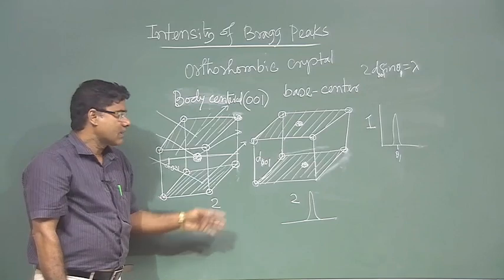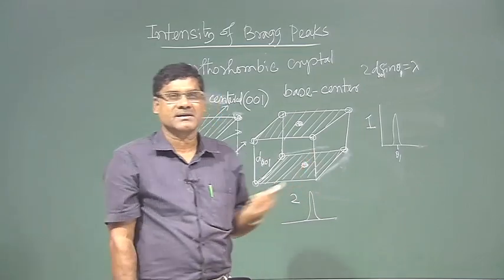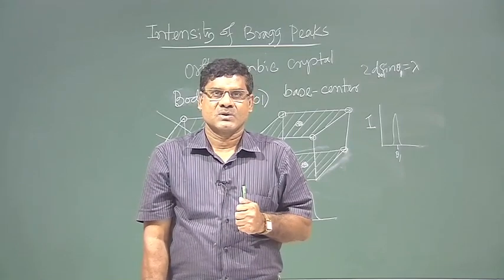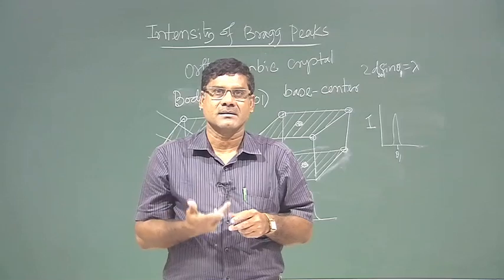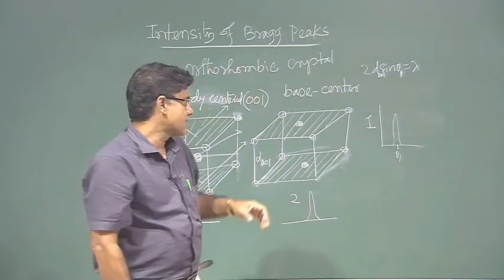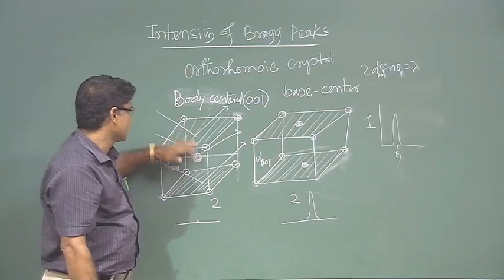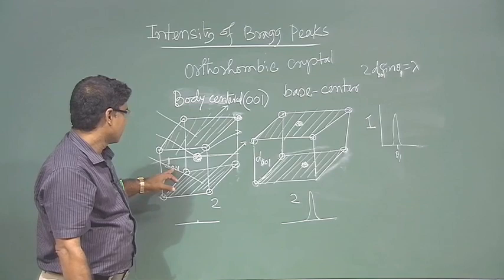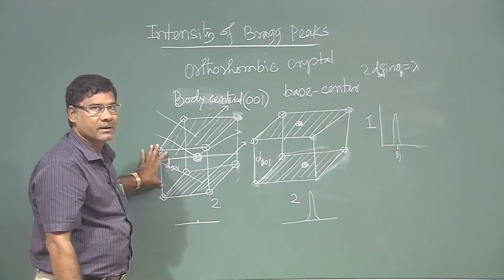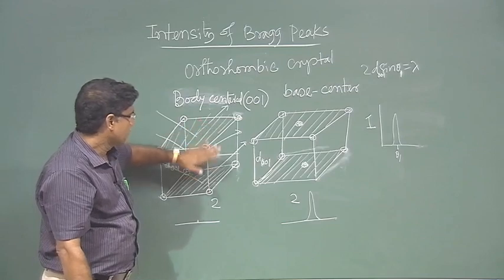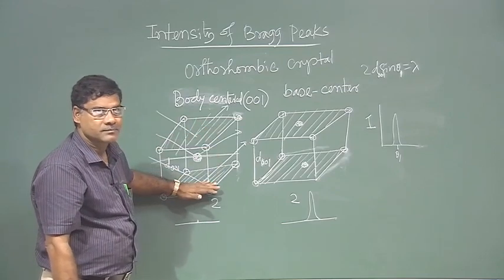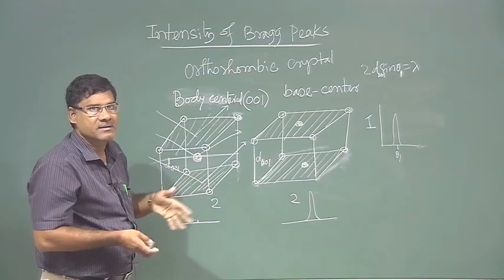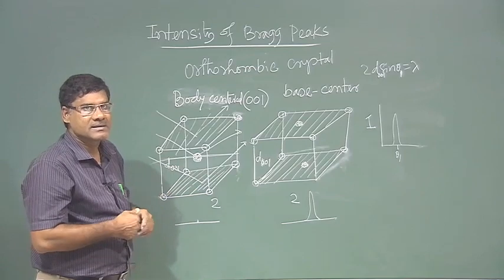Okay. So, all the time it is not 0. In this case it is 0, but otherwise the intensity is not 0. So, intensity varies. Intensity does not depend on this lattice spacing. It depends on the plane, because different planes have different areal density.